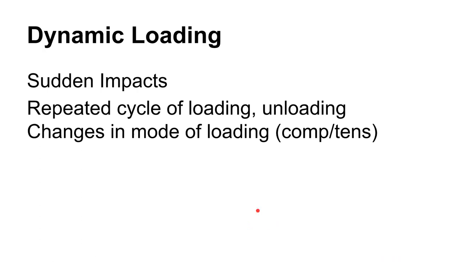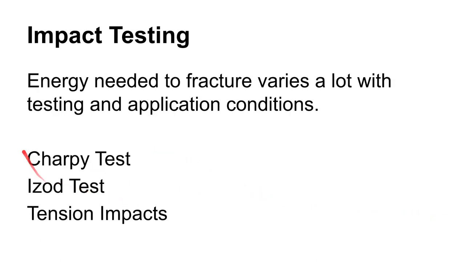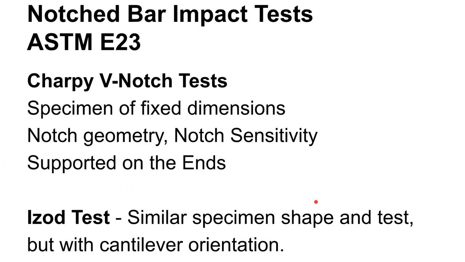All right, but we both know that the glass is very brittle, and so this gives you sort of the other side of the puzzle. And you could get this too from a stress strain diagram, but this is a way to measure directly the toughness of a material. All right, so there are tension impact tests out there, but we're going to look particularly at these two impact tests, the Charpy test and the Izod test.